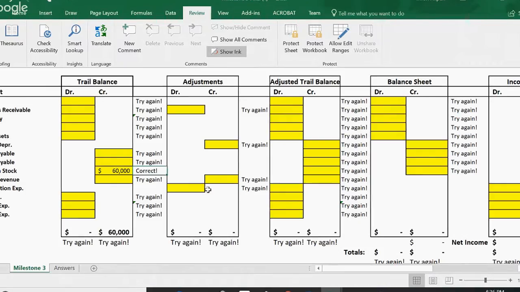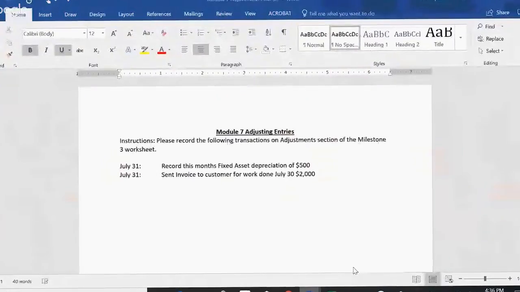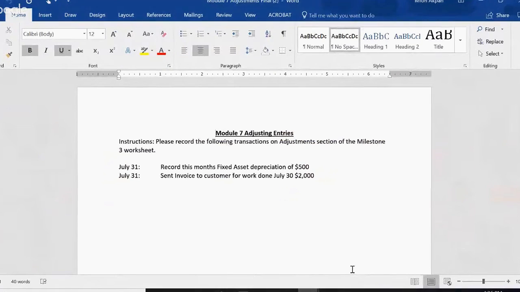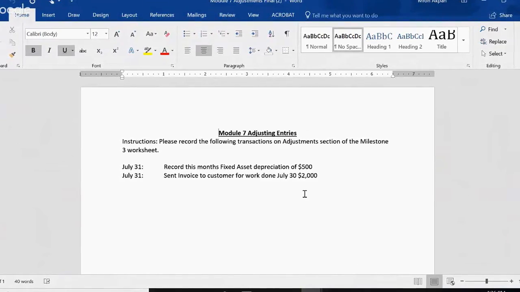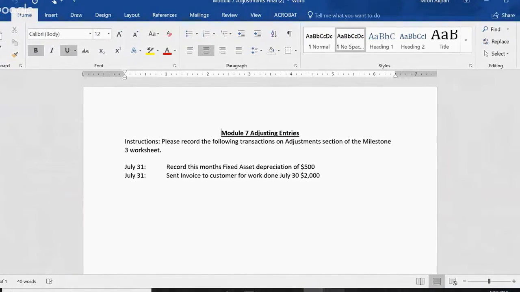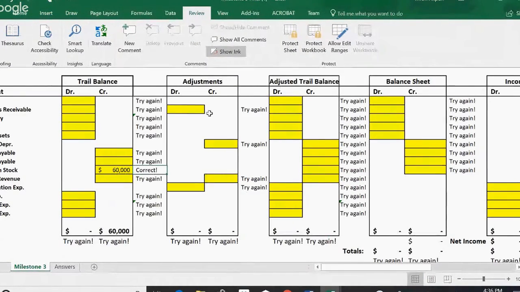Now, as we mentioned in module 7, we've got 2 adjusting entries to make. Now, we'll do one of these adjusting entries. Let's look at: on July 31st, sent invoice to customer for work done July 30th for $2,000. Now, we're finding out that we've actually performed work July 30th.